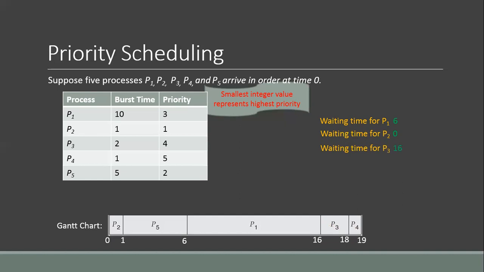The waiting time for process P3 is 16 because this process started its execution at time 16. And process P4 started its execution at time 18. The waiting time for process P5 is 1.